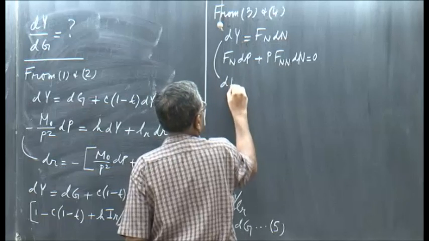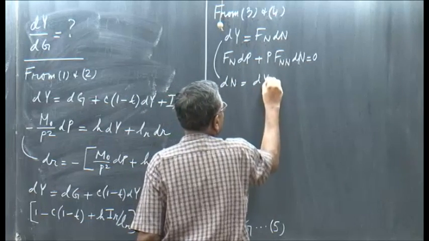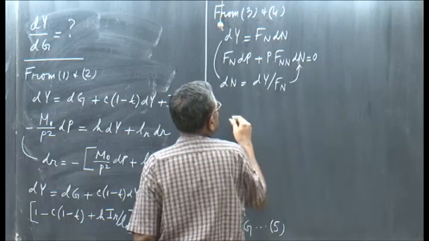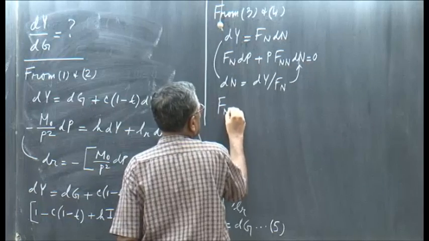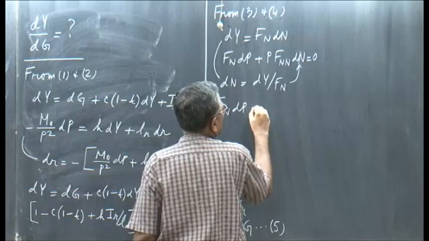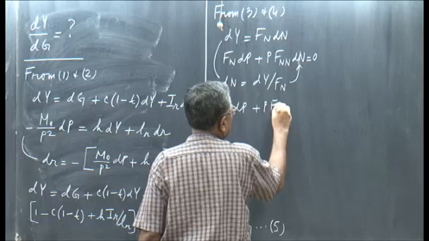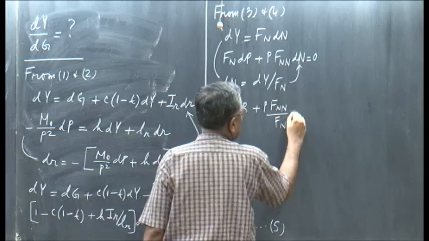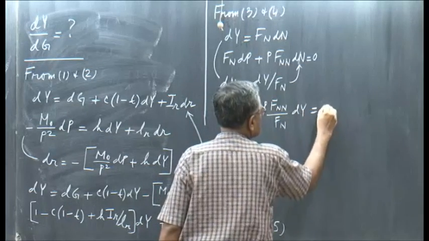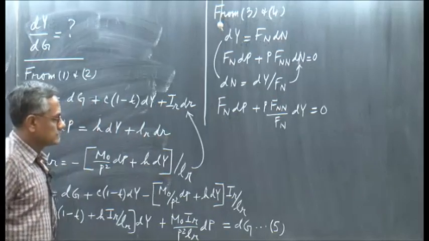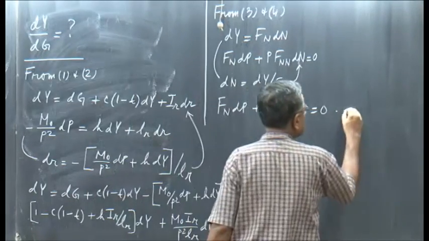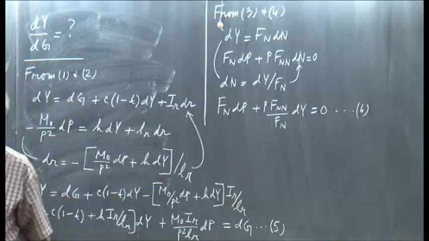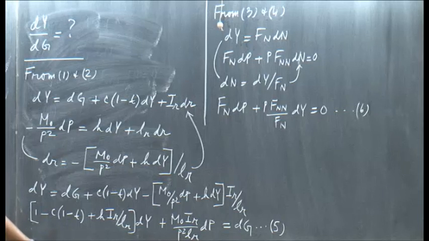From this equation we have dN is equal to dY over f_N. Substitute it there, then you have f_N dP plus P f_NN over f_N into dY is equal to 0. Call this equation 6. Find out if these 2 algebra steps are okay or not.